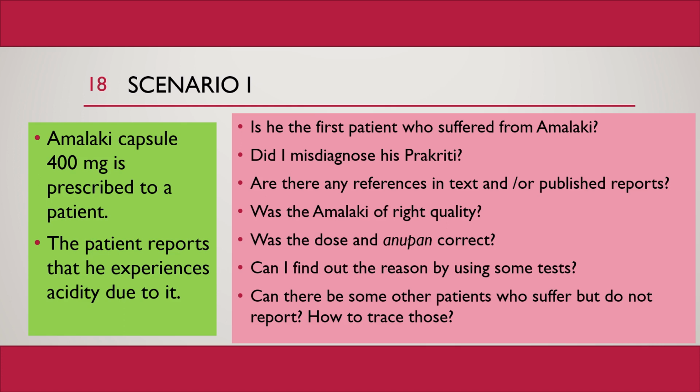Did I misdiagnose his Prakriti? Are there any references in text, or are there some published reports? Was the ANNAMBHATTA of right quality? Was the dose and anupan correct? Can I find out the reason by using some tests? Can there be some other patients who suffer but do not report? Can I trace them, and how?